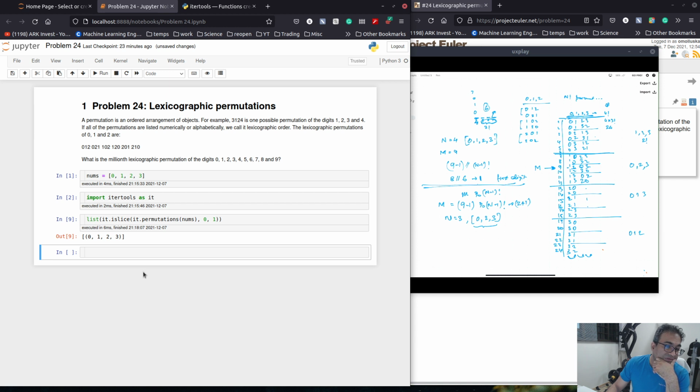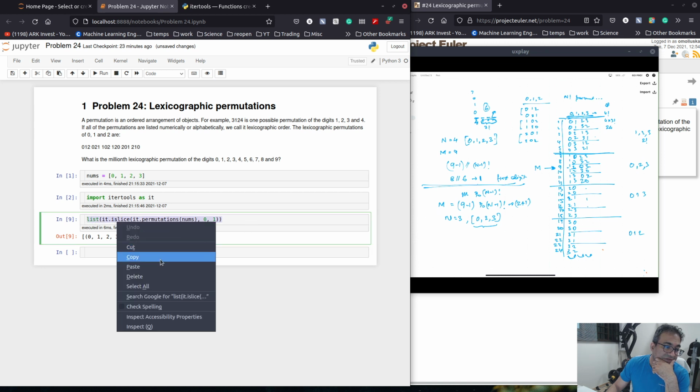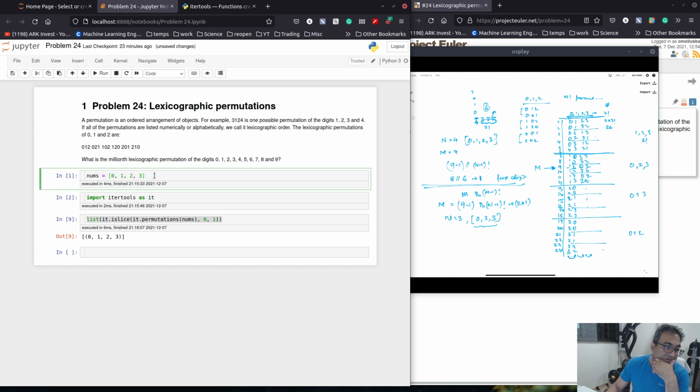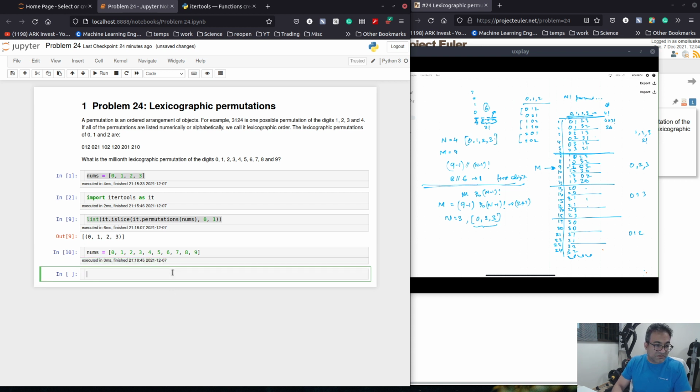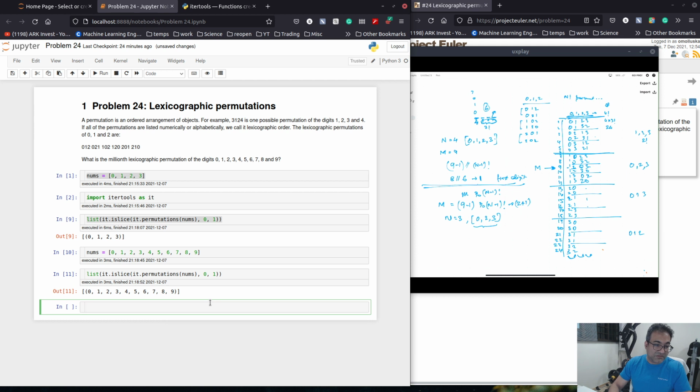Will I be able to use this if, let's say nums is 0, 1, 2, 3, 4, 5, 6, 7, 8, and 9. If nums is that, and if I do this, it will give me that.